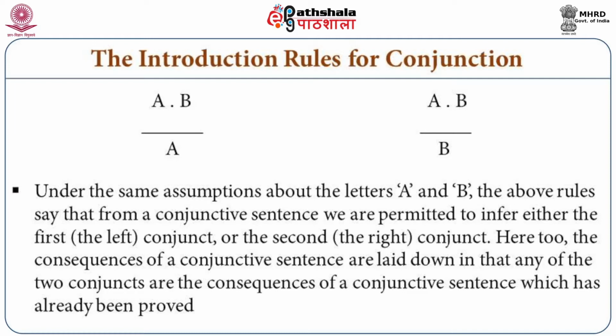Also, we can infer the other conjunct B, given A and B. Now, this is just an example. From here, we go on to show that all the truth functional connectives used in sentential logic can be explained in terms of either introduction or elimination. We have done it for conjunction, and we are going to do it for the rest of the truth functional connectives.